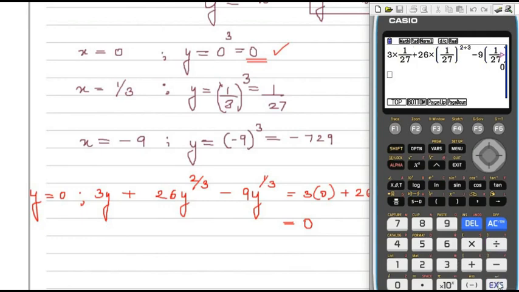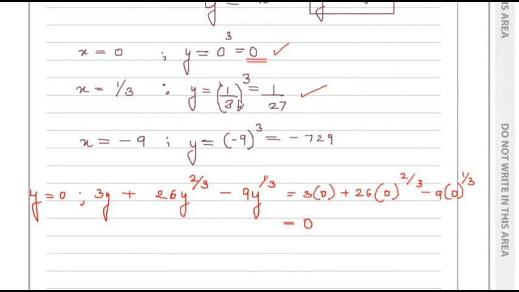So let us execute and check. Here we get the answer as 0. So that means y equal to 1 over 27 is also a value of y which satisfies the equation. Now finally we have to check for negative 729. So let us see what we get over here.